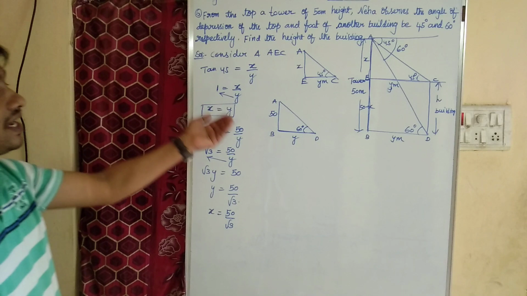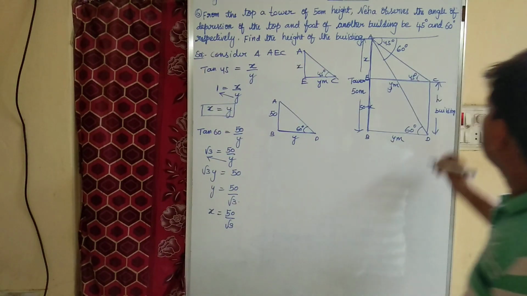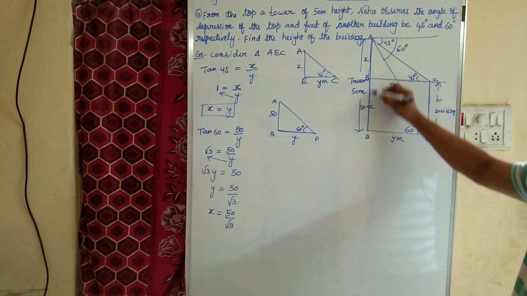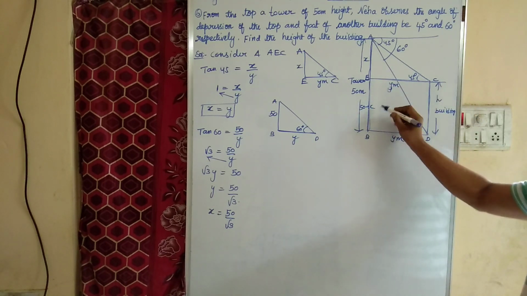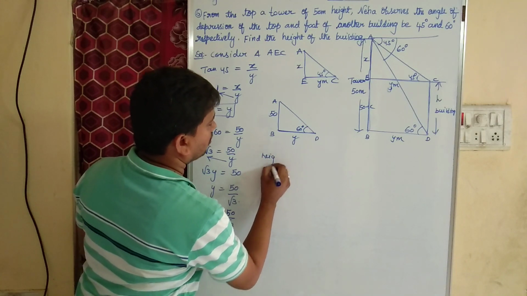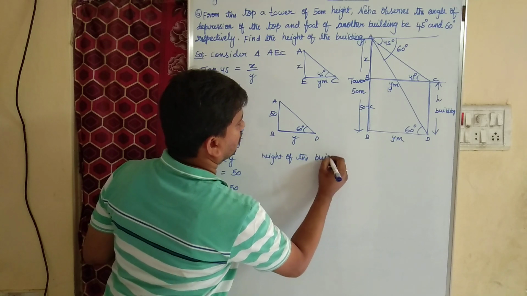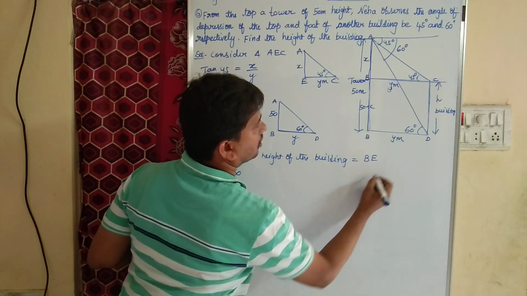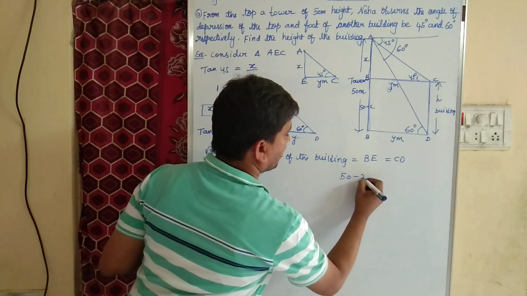But the question is, find the height of the building. What is the building? This is our height, this part. So the height of the building is what? It is BE, nothing but CD, which is 50 minus x.